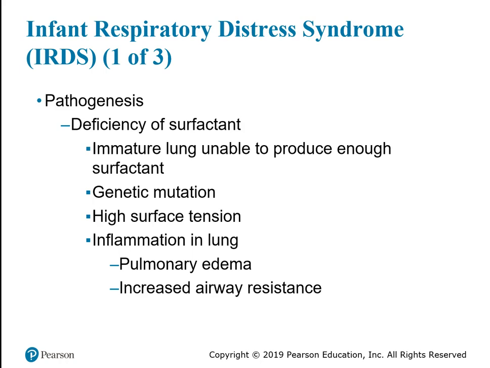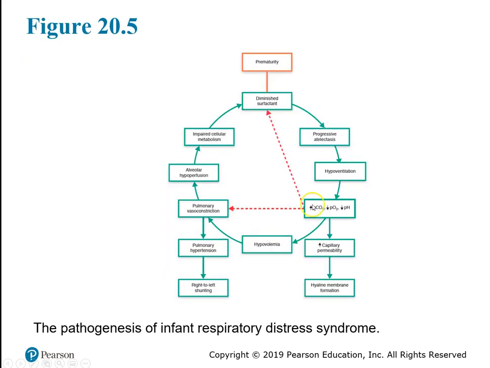Without it, your lungs cannot function properly. You end up with inflammation and also pulmonary edema. This is showing you here. You see this a lot more in premature infants that do not produce enough of this surfactant, which then leads to all of these things here.